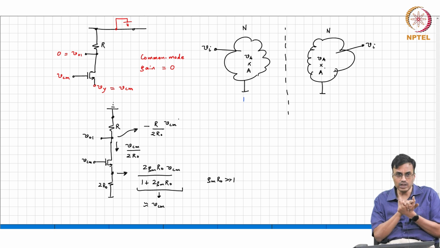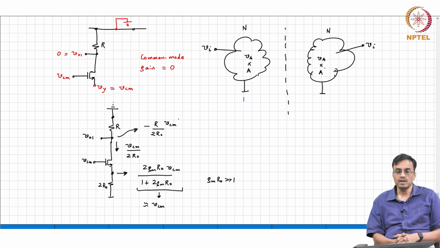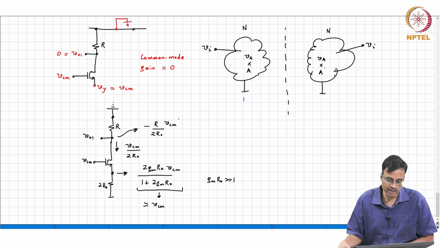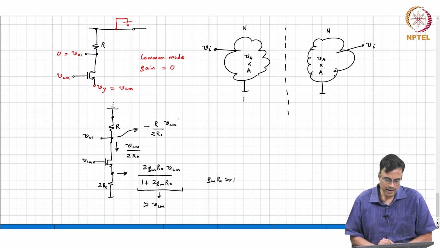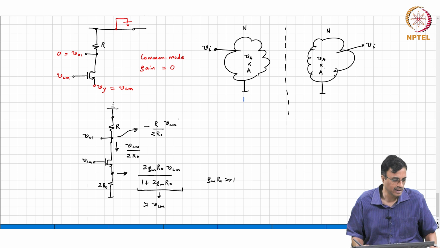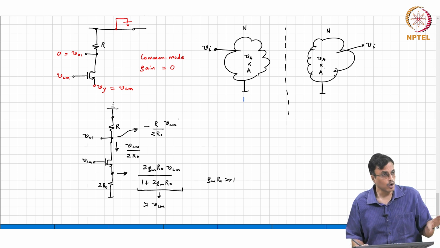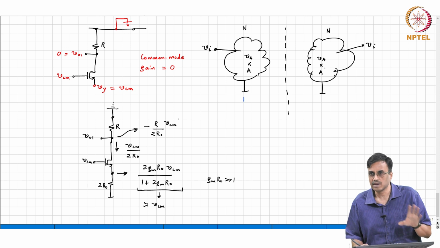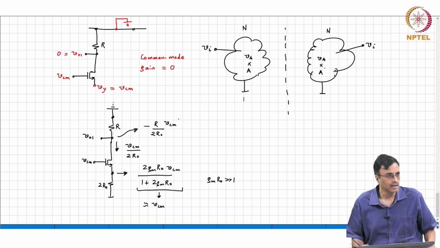The consequence of that finite impedance is that the gain for common mode signals is not 0. It is this quantity, minus R by 2 R naught, which is ideally supposed to be 0, but it is not 0. One thing you must realize is that in life and in engineering, nothing that is supposed to be 0 will be 0, nothing that is supposed to be infinity will be infinity.